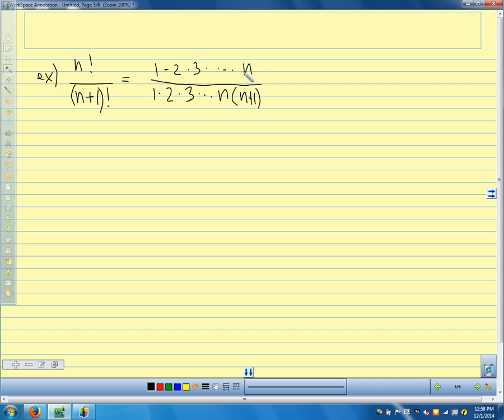And we can do all this, the 1 times 2 all the way to n, in the numerator and denominator cancel out. And that just gives us 1 over n plus 1. Because n plus 1 factorial is telling us to multiply all the numbers that are less than n plus 1. Well, n is 1 less. So n is less than n plus 1, and that lets us cancel that out.